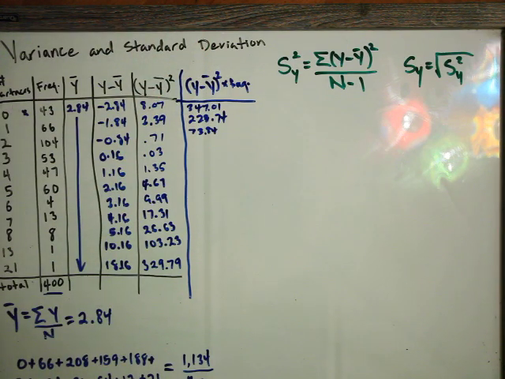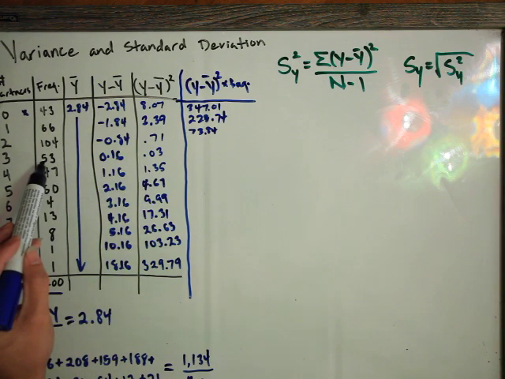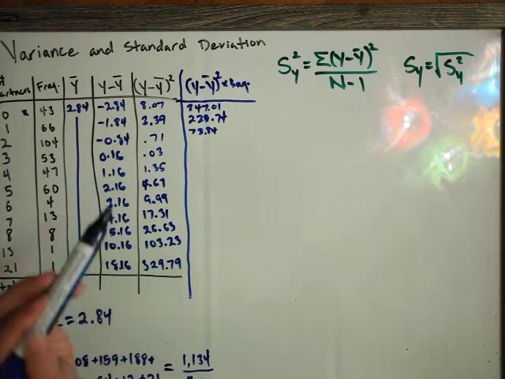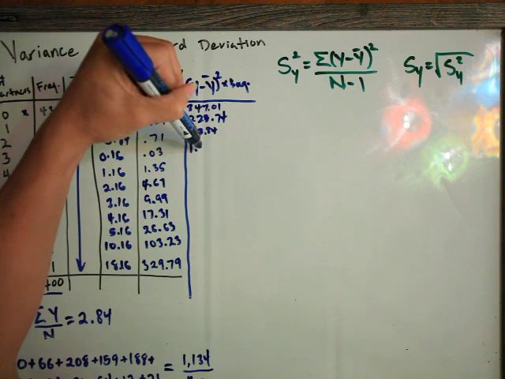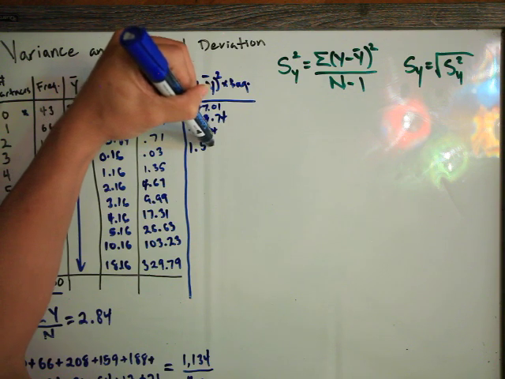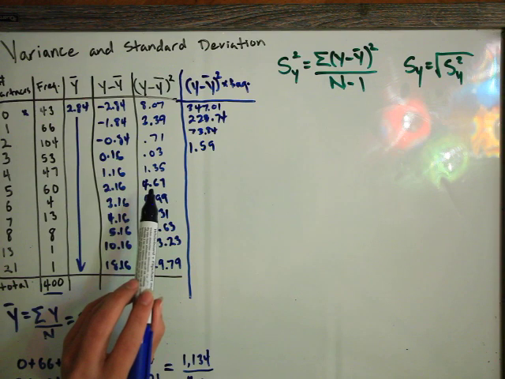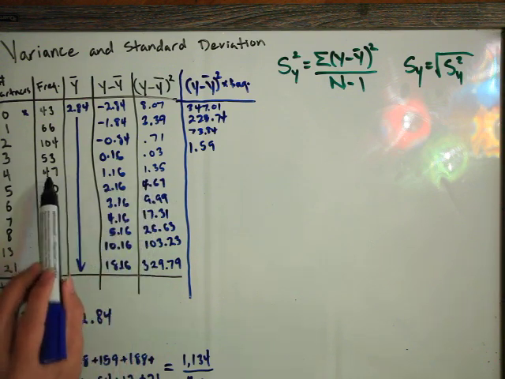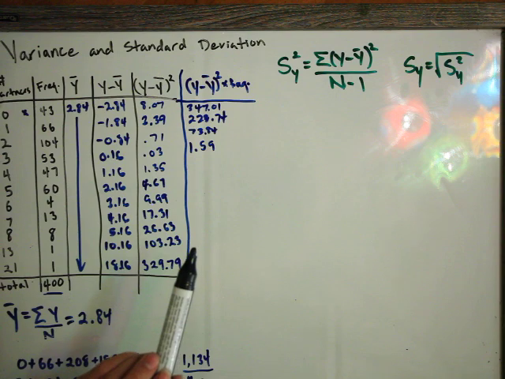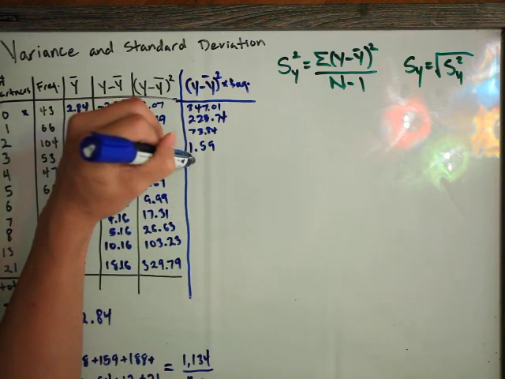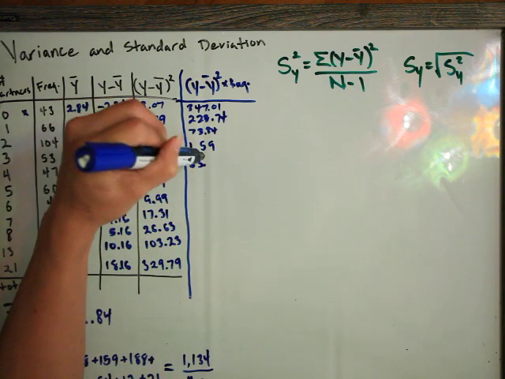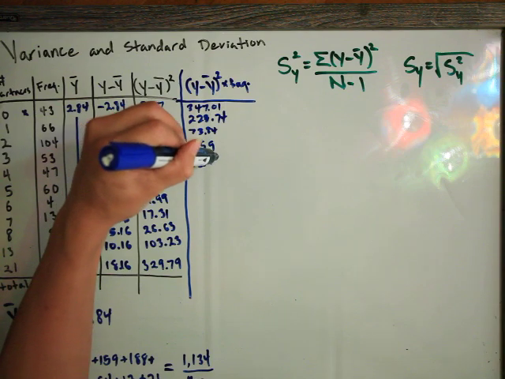Okay, 0.03 times 53 is 1.59. Okay, 1.35 times 47 is 63.45.